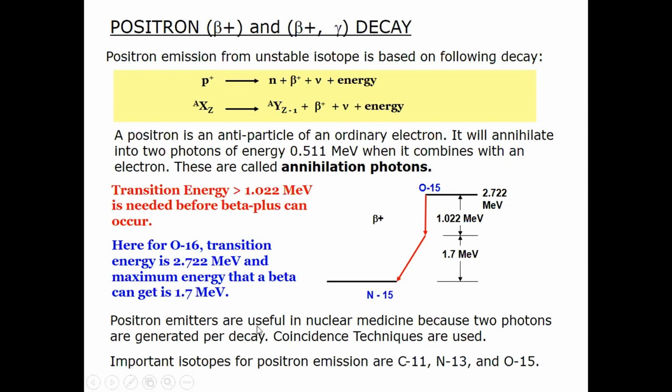Positron emitters are very useful in nuclear medicine because two photons are generated per decay, and coincidence techniques can be used to find the signature of the positrons, and tomography can be done.